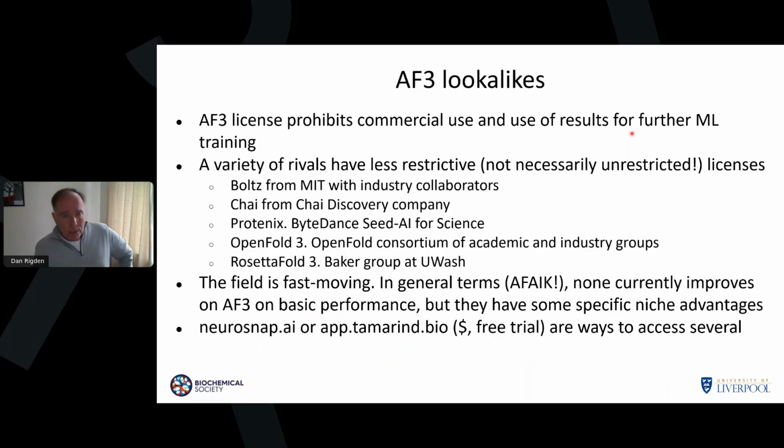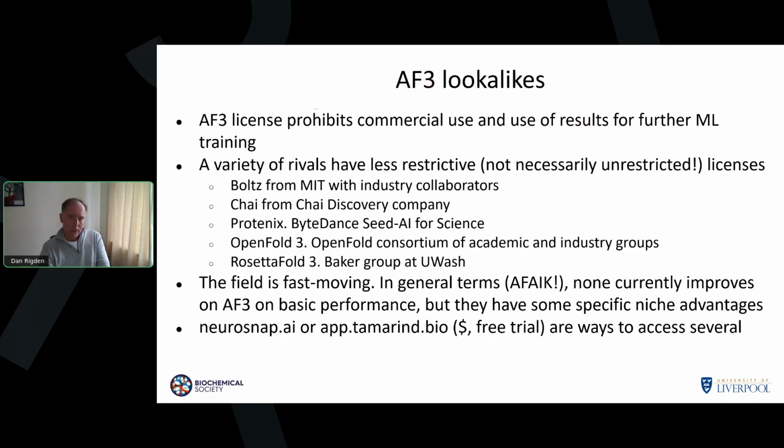And then we'll talk about some of these in more detail later on, but just to say at this point, AlphaFold 3 has spawned a whole lot of lookalikes. Some of them are inspired by AlphaFold 3, some of them try to replicate the AlphaFold 3 approach exactly. They have different groups behind them, some industry, some academics, some a mixture.